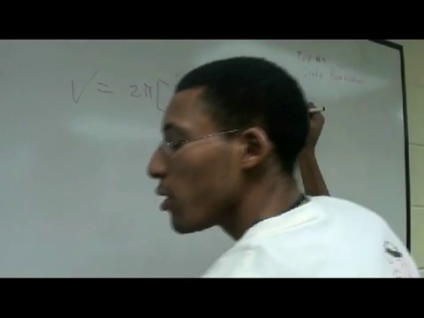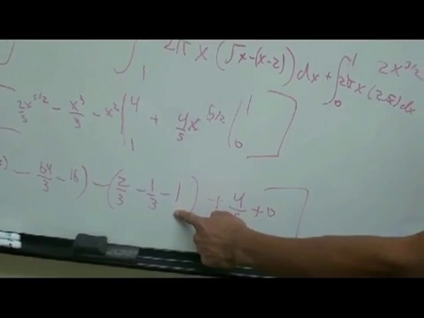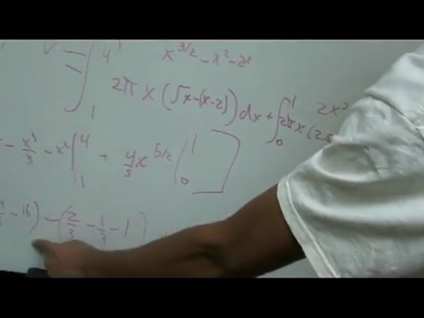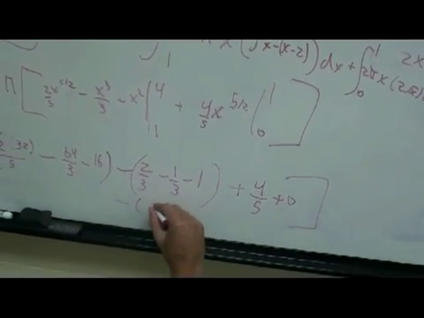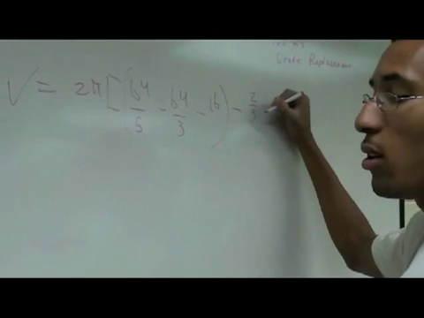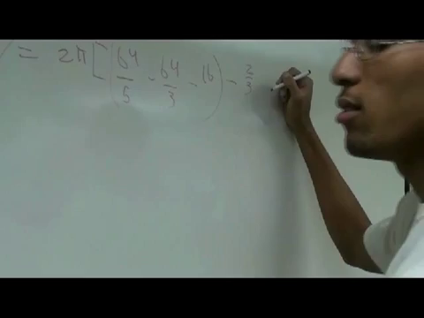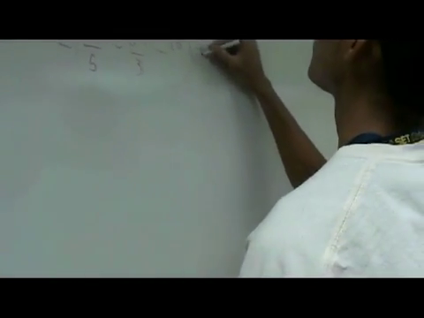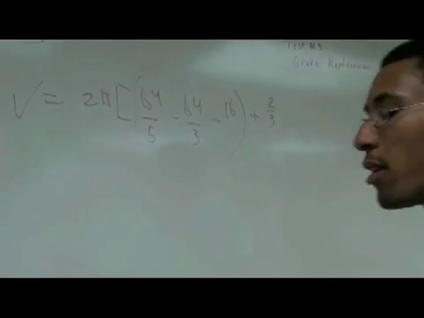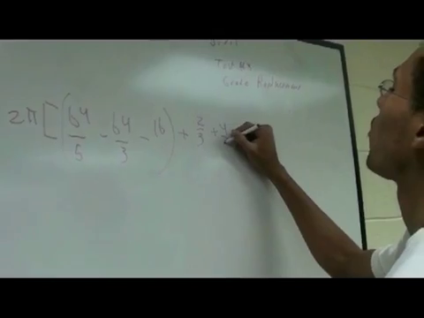If we did 2/3 minus 1/3, that would just be 1/3. 1/3 minus 1, that would just be negative 2/3. Negative times negative 2/3 equals 2/3. Sorry, it should be plus 2/3. And then over here, that's just 4/5 plus 0, so plus 4/5.